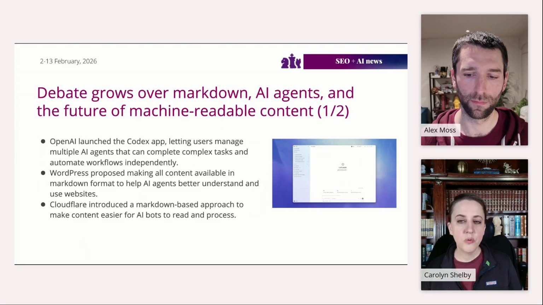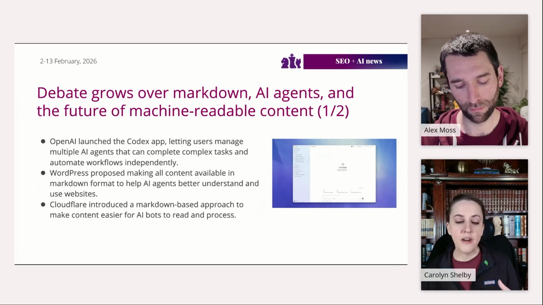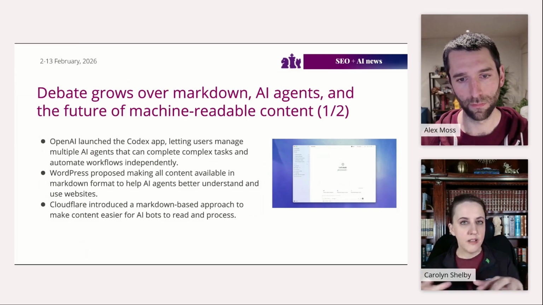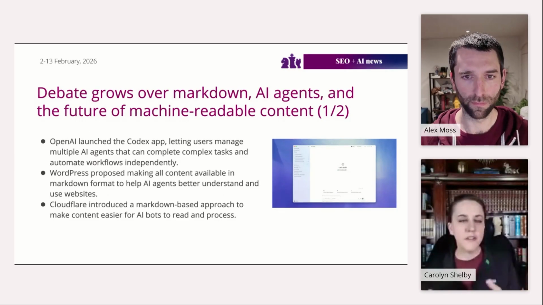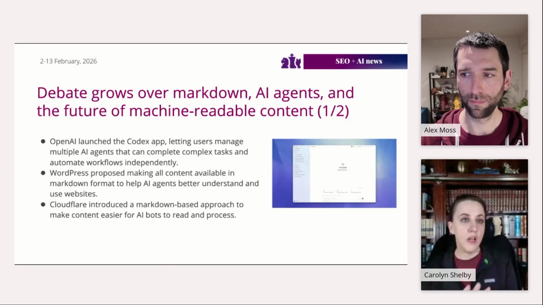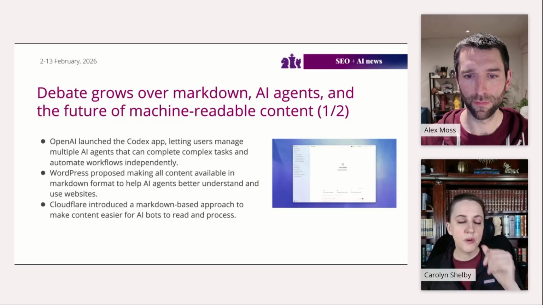But it goes towards a broader thing where the surface area that people are exposed to, as far as your website and your ads go, is shifting off of Google onto all of these other things. And are you doing things to make it easier for all of these other services to pick you up? I think that's where the WordPress proposal and the Cloudflare proposal, which are pretty similar, come into play.